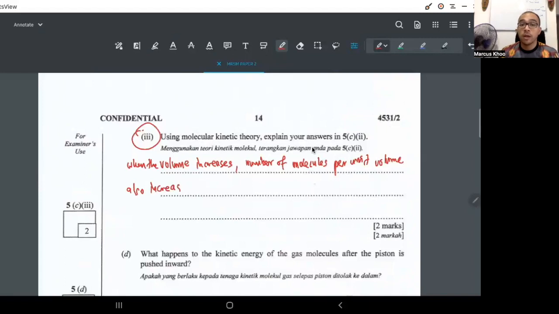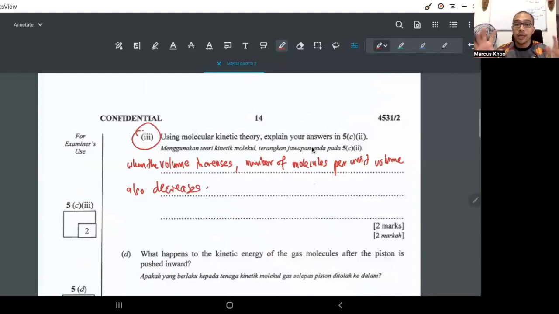Okay, this is the one. When I say per unit volume, it is essentially saying what, you know? It is essentially saying the space I have increases. Okay, when I increase the volume, the space for the molecules, okay, will be increased. Oh, sorry, decreases. Oh my goodness. The number of molecules per unit volume decreases.